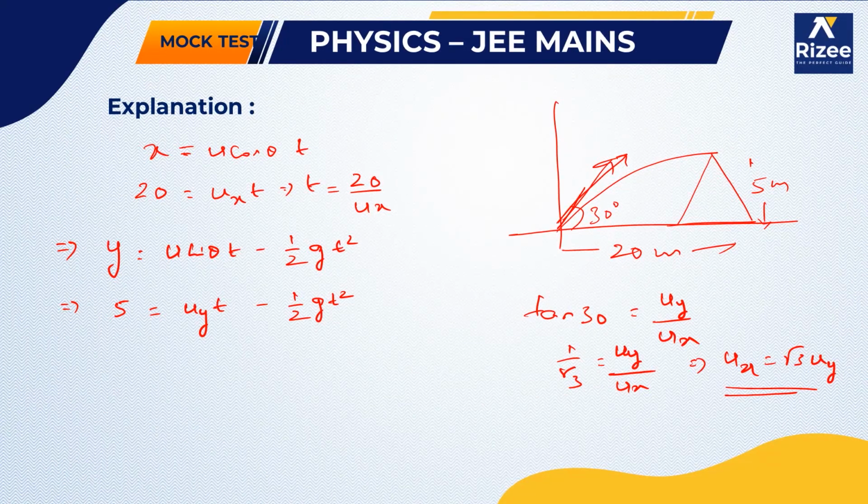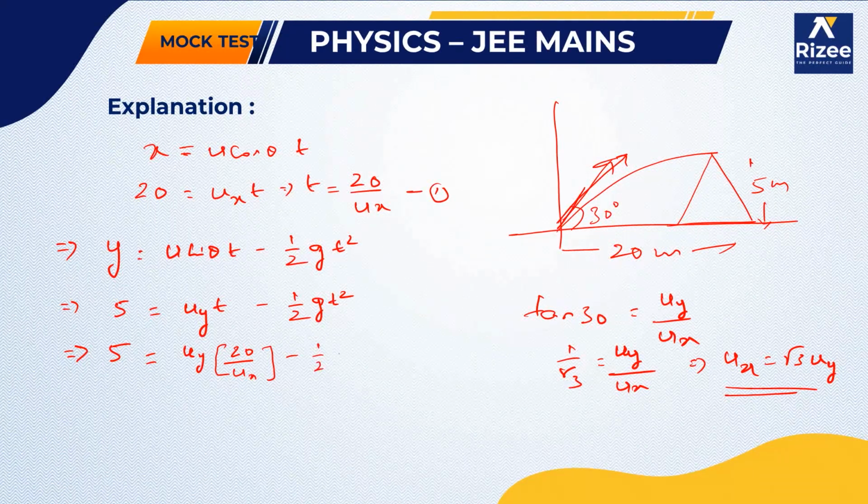Now if I substitute t here, 5 is equal to uy times 20 by ux minus half g into t square, which is 400 by ux square.